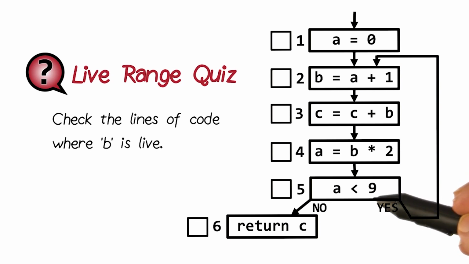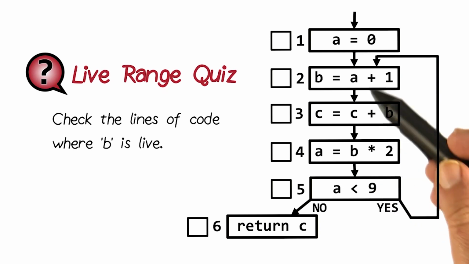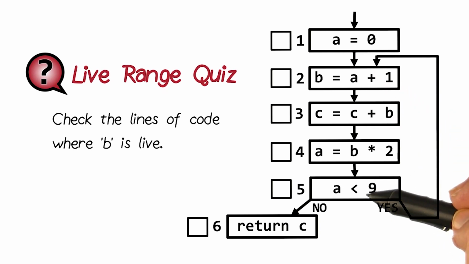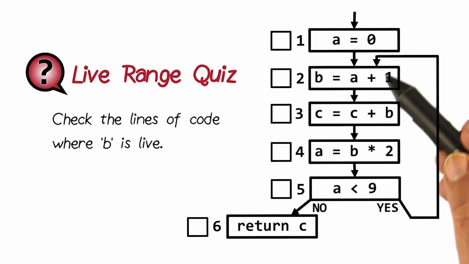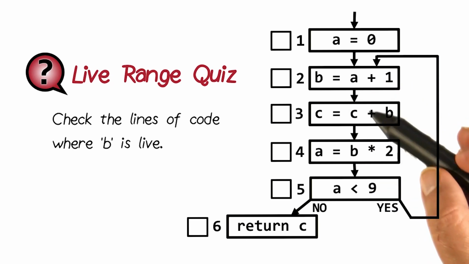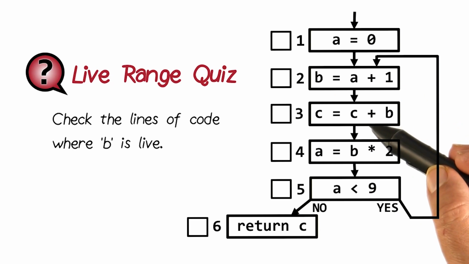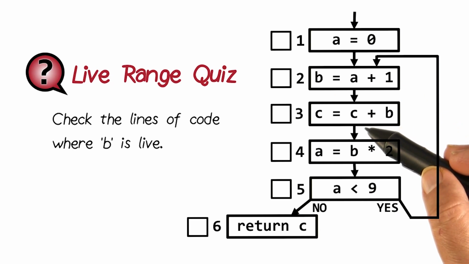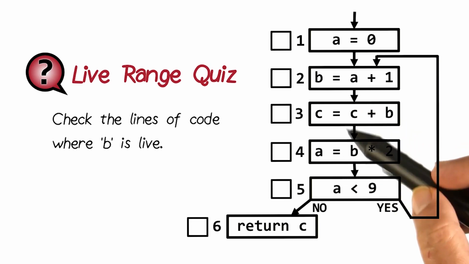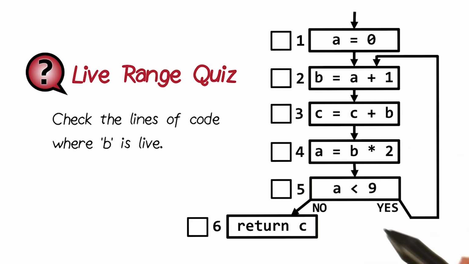In other words, B should have some value assigned to it before that, which is being used after that program point. If these conditions hold, then B is live. So with this simple control flow graph that is shown, which is modifying B by generating new values in B and using those values and so on, please mark those program points where B is live as per this definition. Please go ahead and mark your answers in these check boxes now.